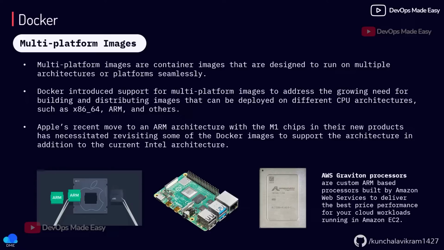The CPU architectures can be AMD architecture, x86 64 architecture, or ARM architecture. So there are multiple architectures. Imagine you created your Docker image on AMD 64.